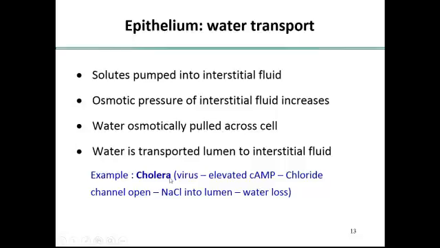So this is a mechanism of cholera, and it is very dangerous to lose the electrolytes. That's why this virus is dangerous.